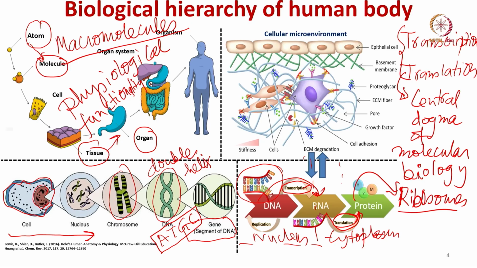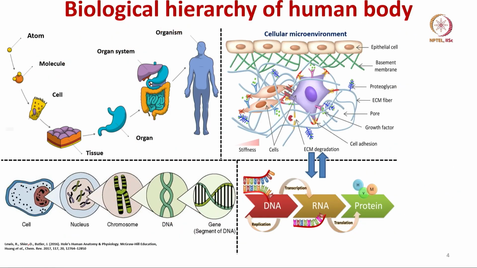Now, coming back to this particular lecture, I want your attention on this particular part, which is a typical tissue structure. Let me erase everything, as I am just drawing your attention to these particular things.